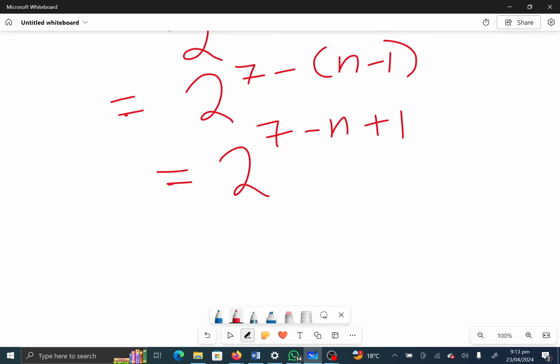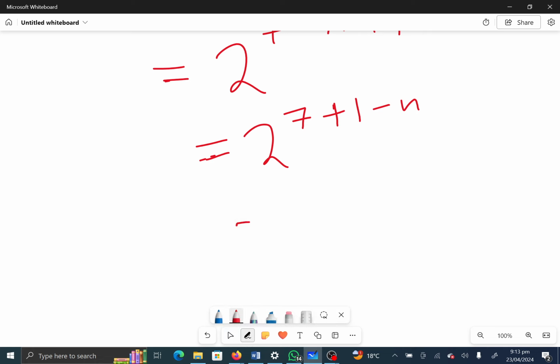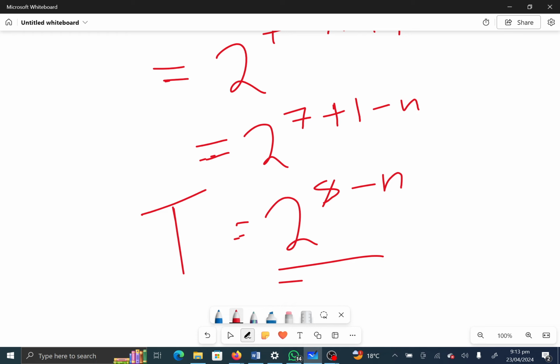Then we say equals 2 to the power 7 plus 1 minus n, which equals 2 to the power 8 minus n. Then this becomes our Tn formula.